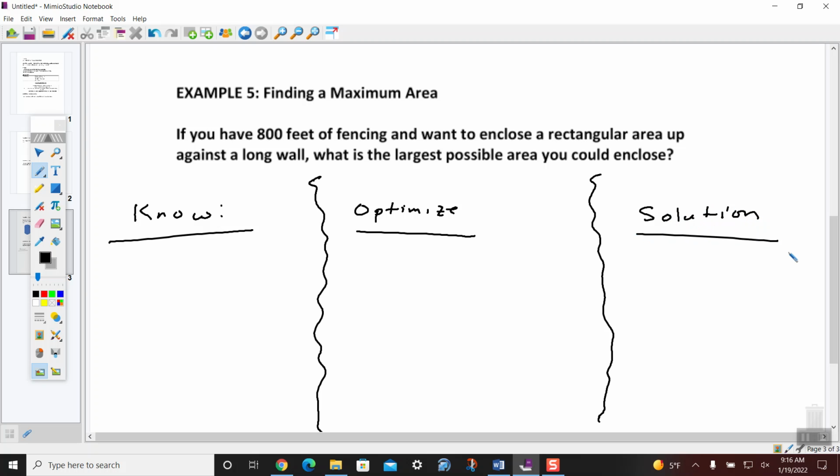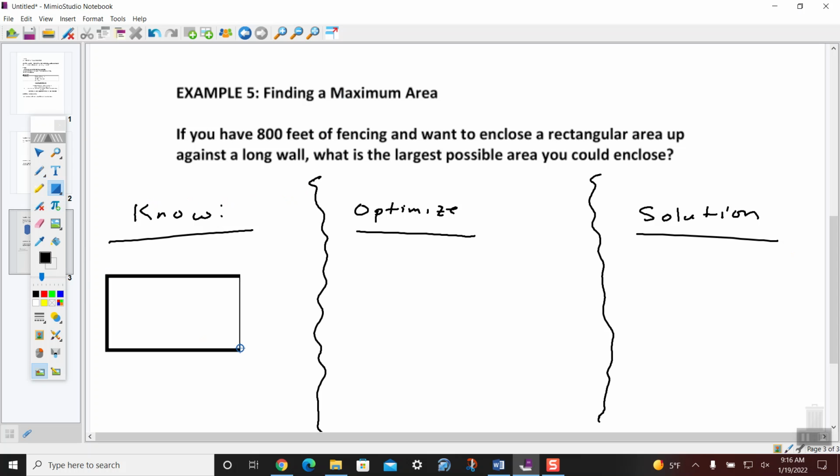How about a volunteer to read example 5 for me? You have 800 feet of fencing and want to enclose a rectangular area up against a long wall. What is the largest possible area you could enclose? So the assumption right here, guys, is what type of shape? A rectangle, but there's a wall. Exactly. So we know we're dealing with a rectangle.